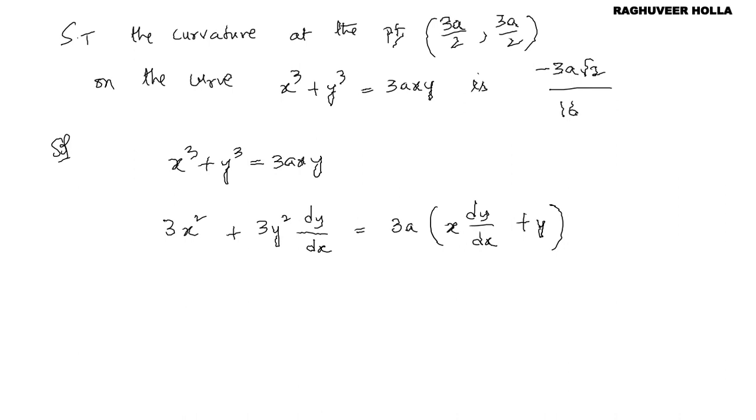Now let us take dy by dx common, so this would be y square, and 3 is common, so that can be removed. So y square minus ax into dy by dx is equal to ay minus x square.